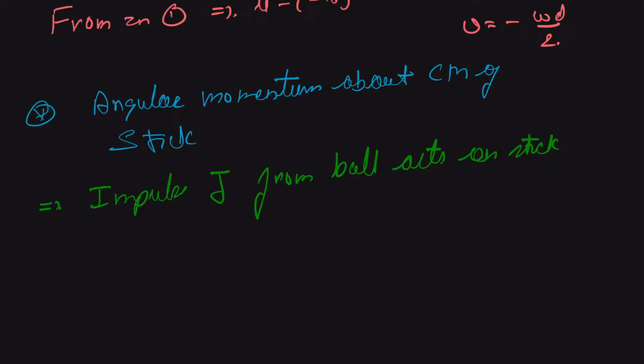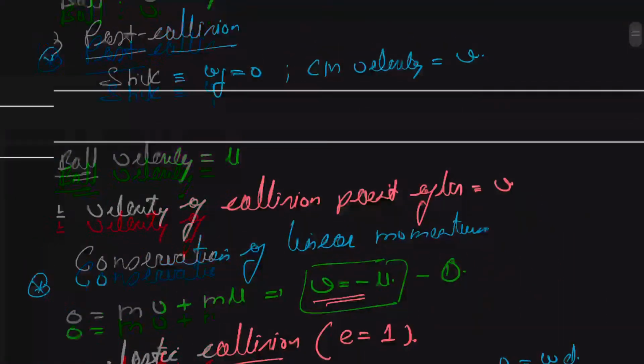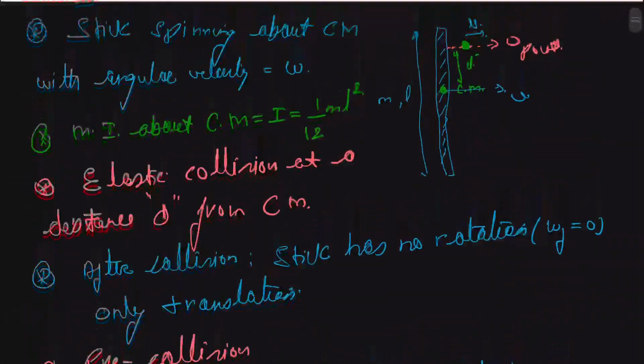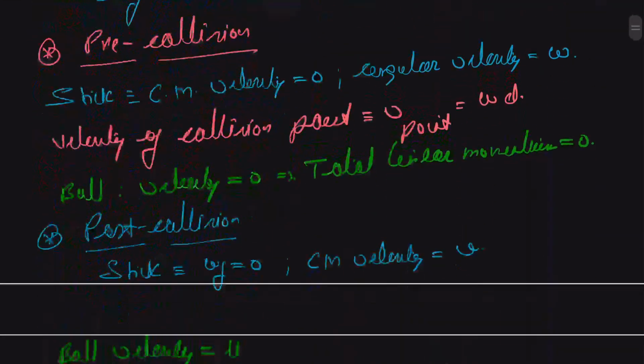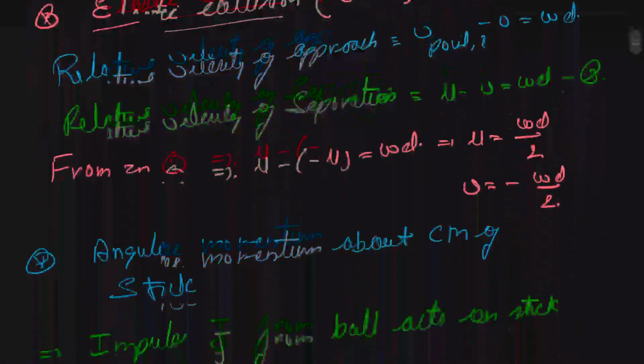And this impulse J will be acting at a distance d from the center of mass, because the ball is at a distance d from the center of mass. Okay, so this is our ball and this is the distance d. So impulse will obviously be acting at a distance d from the center of mass.